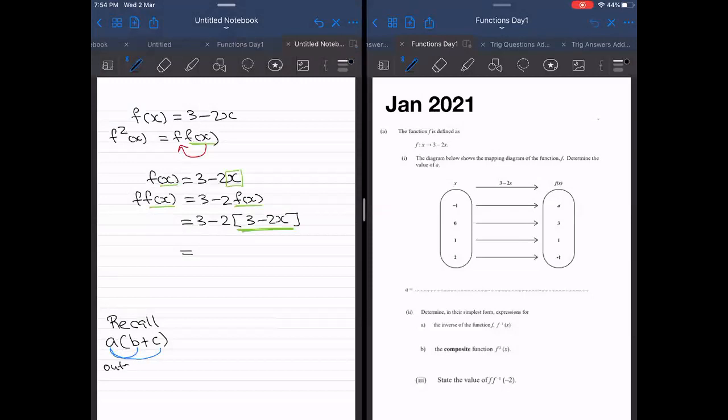So usually I say outside times the first on the inside. Then you're going to take the outside and multiply it by the second on the inside.